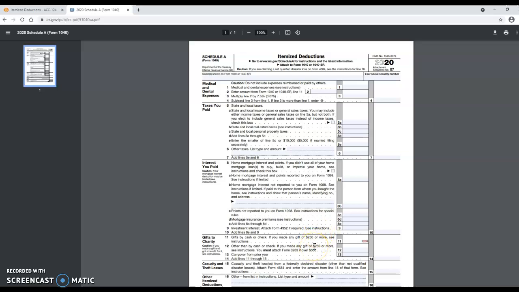Okay, so we have $140 of the mileage, and we have $750 of the car, and that is $890.